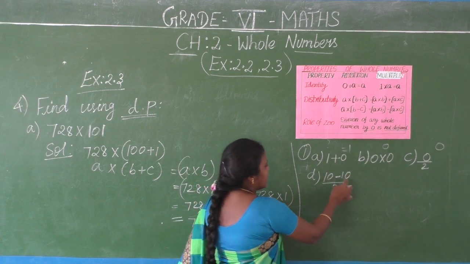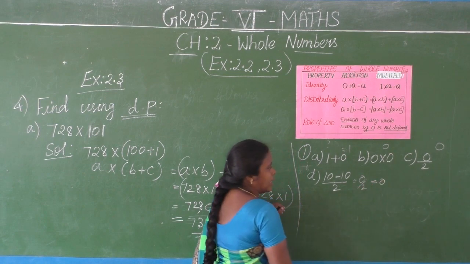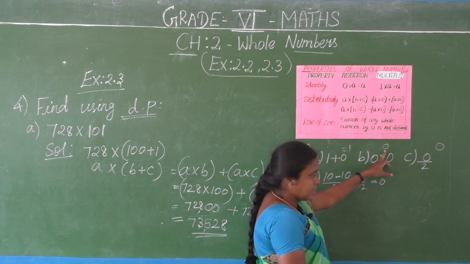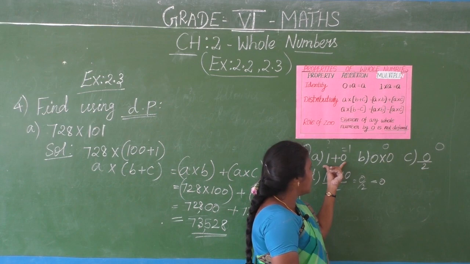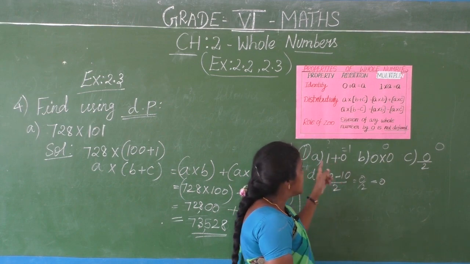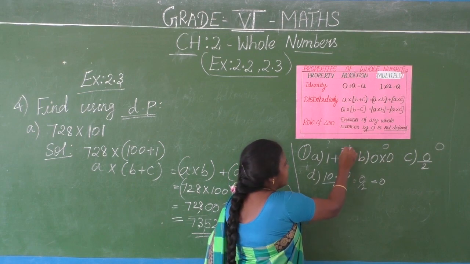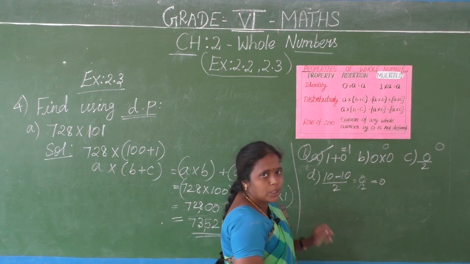Here 10 minus 10 is 0, and 0 by 2 is equal to 0 only. So among the 4 options, here is 0, here also 0, here also 0. But the A question only will not represent 0 as the answer. Here instead of 0, 1 is coming. So this is our suitable option.